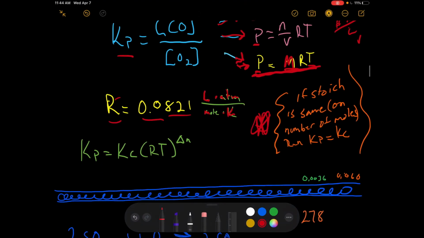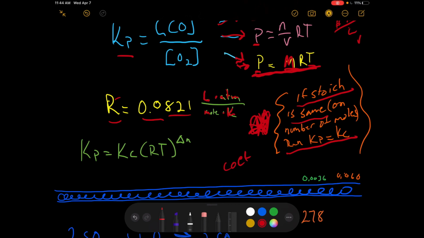One big thing you need to know about this is when it's asking you for pressure, if the stoichiometry, what is that? That is the coefficients. If the stoichiometry is the same on both sides, then the Kp is going to be equal to the Kc, and you don't have to figure out anything after that.